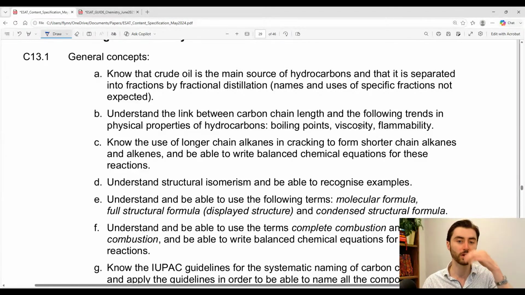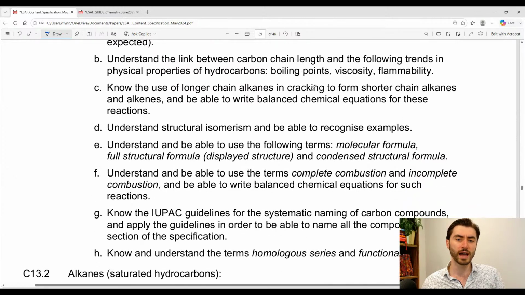So as you move down the column, they get higher boiling points, more viscous, less flammable, also less volatile, I suppose. You take the longer chains and crack them to form shorter chains that are more in demand. And you always get the shorter alkane as well as an alkene.